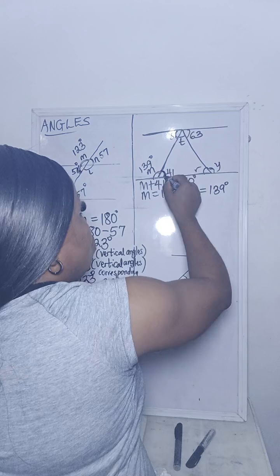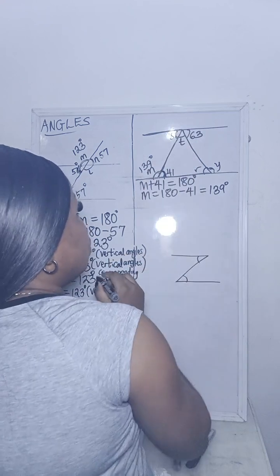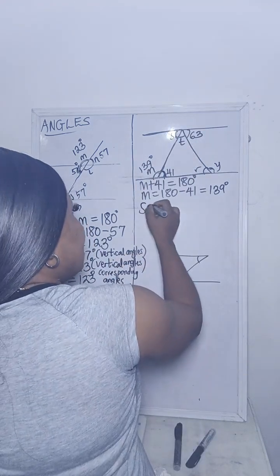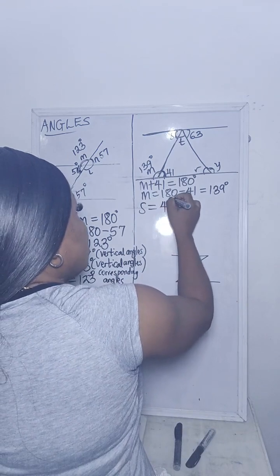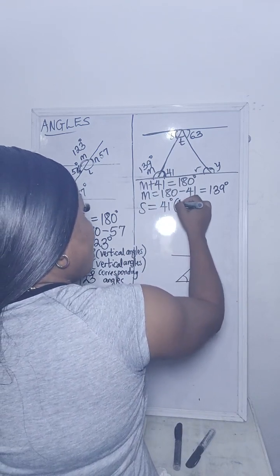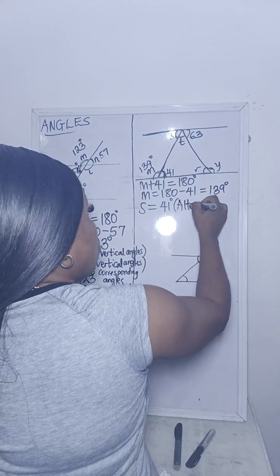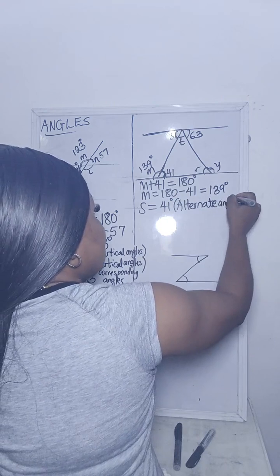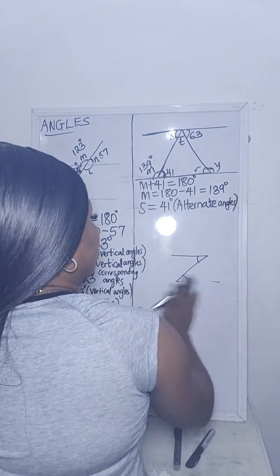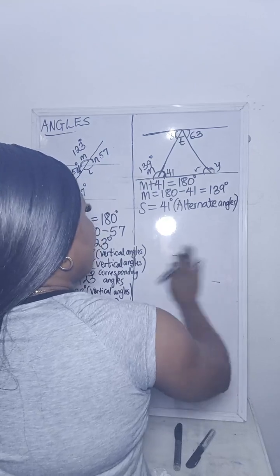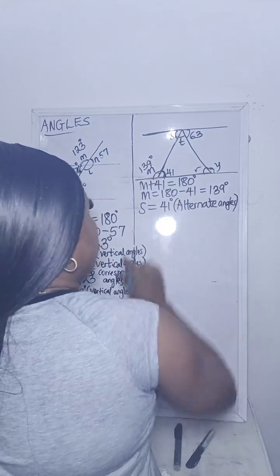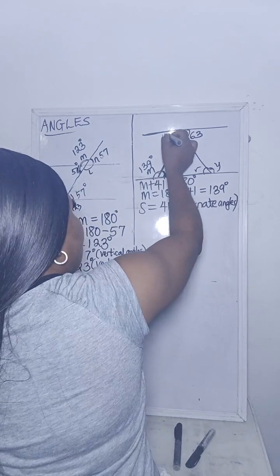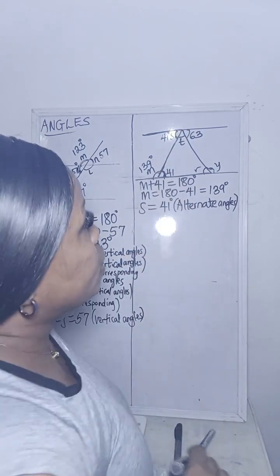So S is equal to 41 degrees. They are alternate angles, or we call them alternate interior. So S is equal to 41. Good. We are going places.